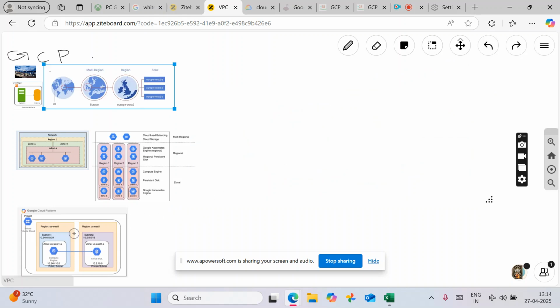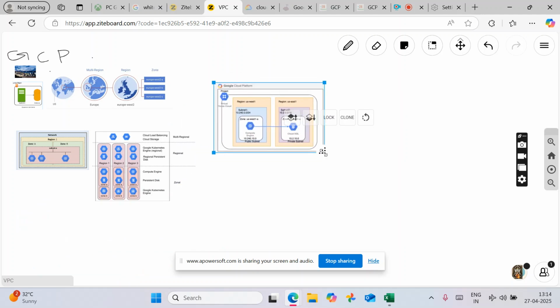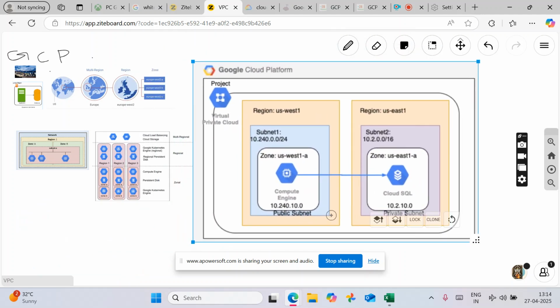Let's say I am using a GCP cloud provider. Now, I want to use Compute Engine to access Cloud SQL, which is a relational database where my data is stored.